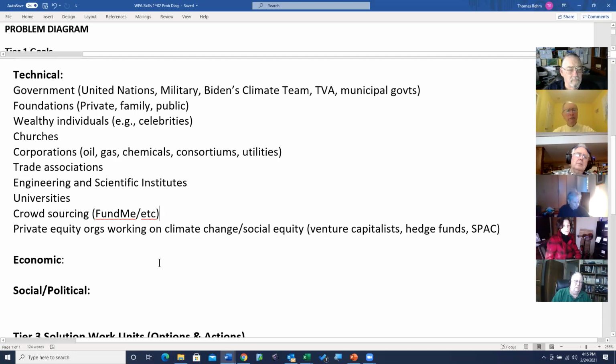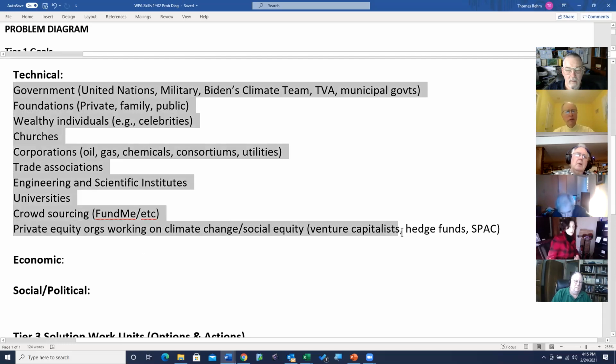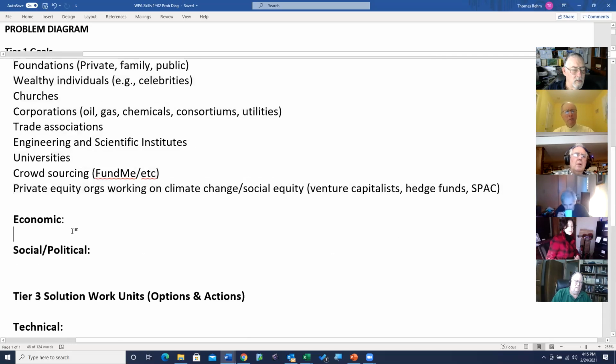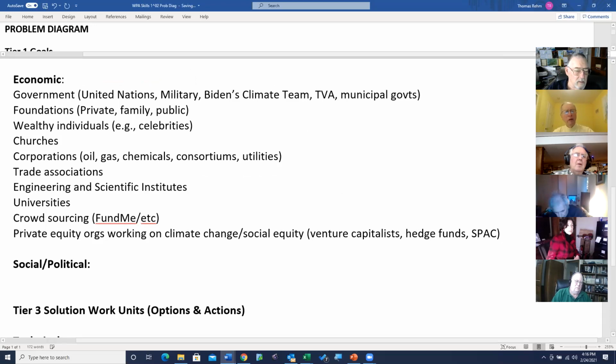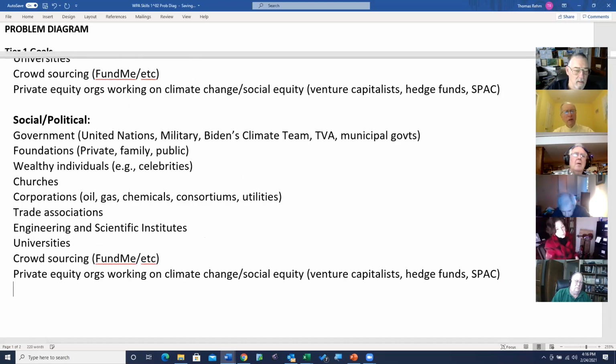If this is a long enough list, then we can stop that now, Tom. And if you want to cut, copy, and then paste it under each of these categories, then speak about that just a little bit so that we understand what the distinction is between these various headers here.